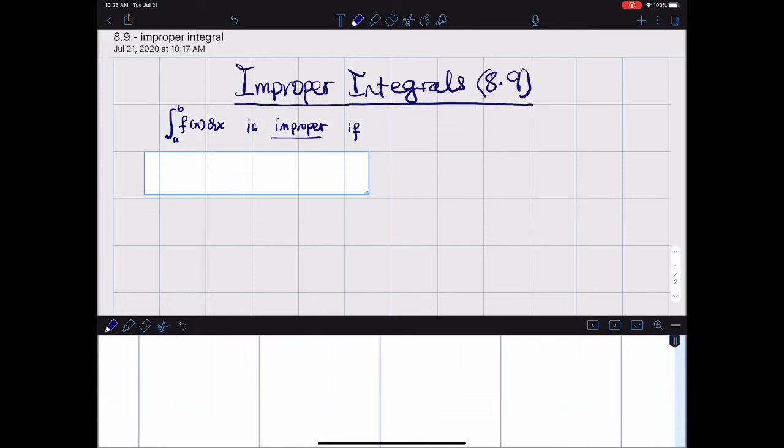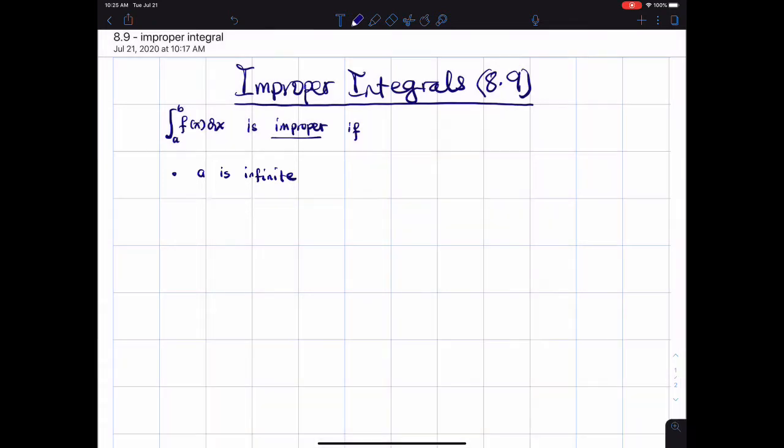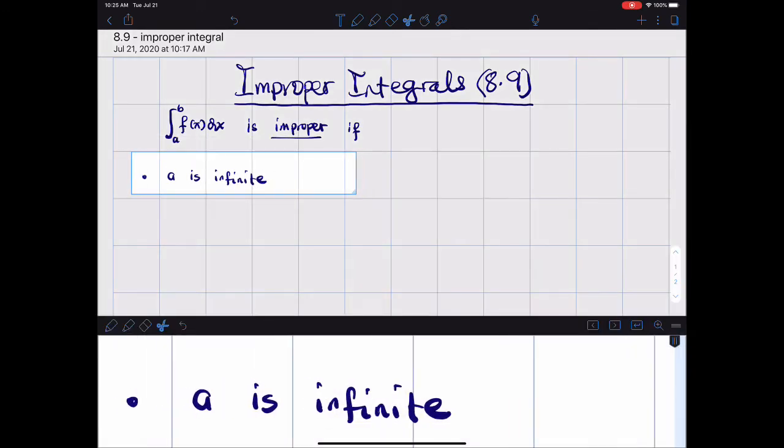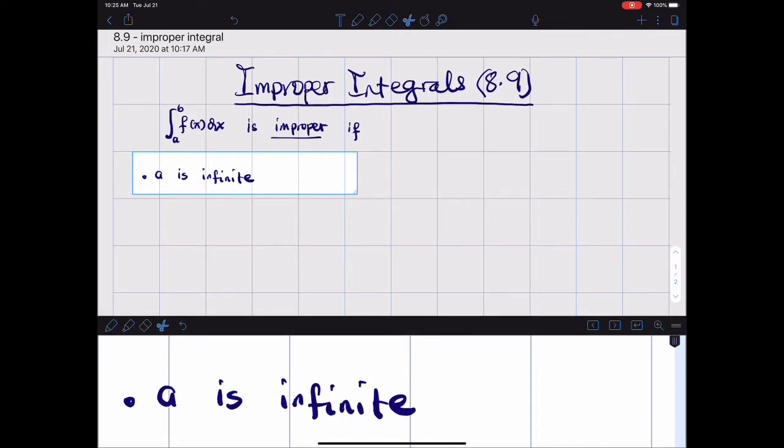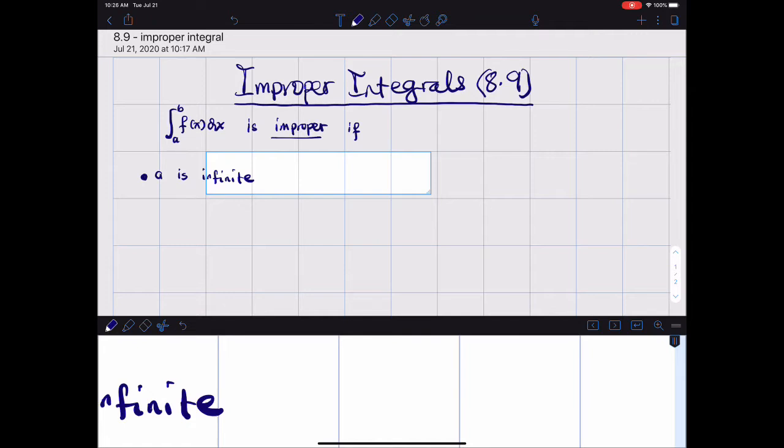If a is infinite, so that means a is infinity. If b is infinite.